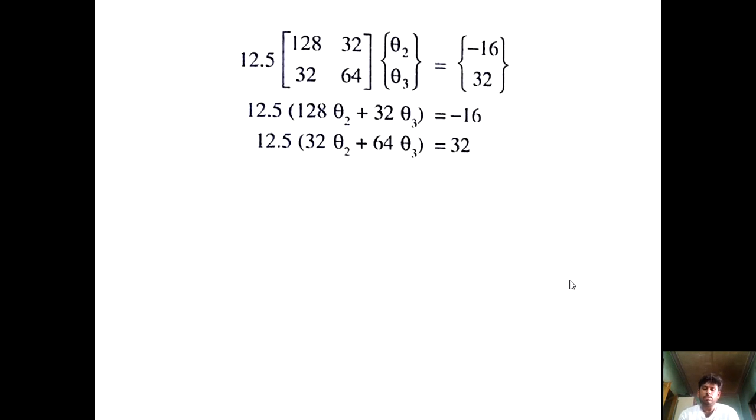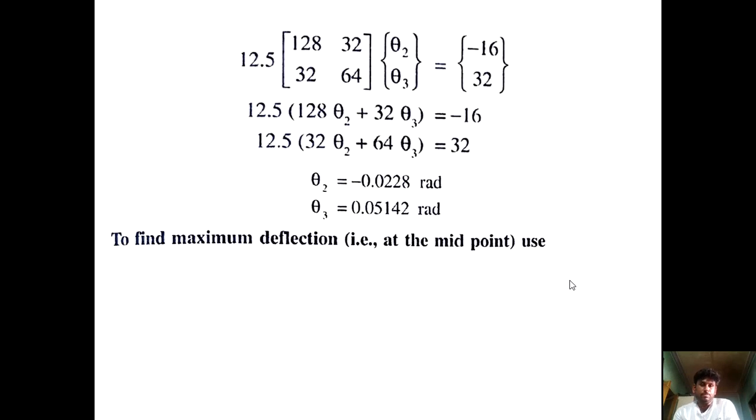If I solve this, I get theta 2 as minus 0.022 radians and theta 3 as 0.051 radians. But that is not the answer, because the problem is still continuing. We need to find the maximum deflection at the midpoint.